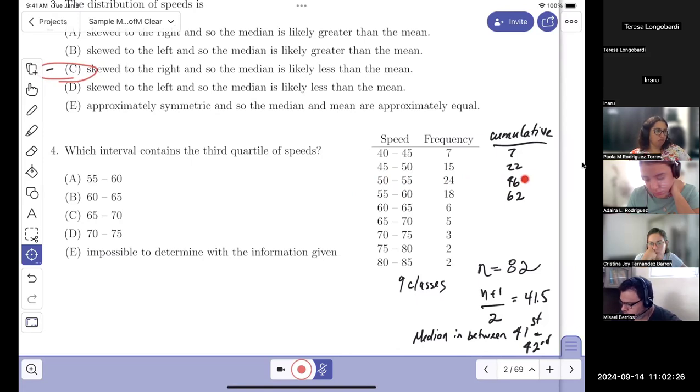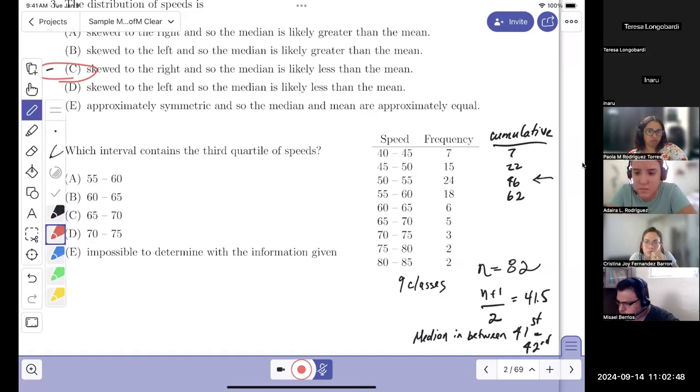So in here, the 41st and the 42nd are in here. But there are still some more observations after the 41st and the 42nd. So after this we have the second half of the data, where the third quartile will be found in one of those.